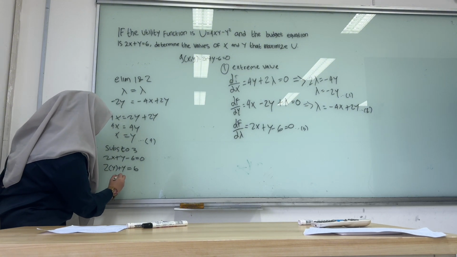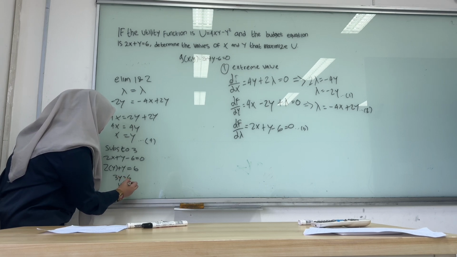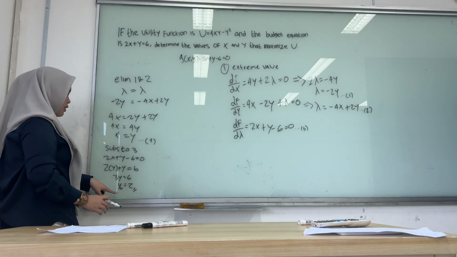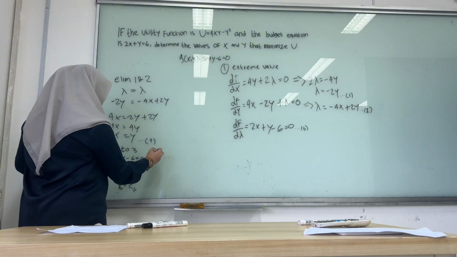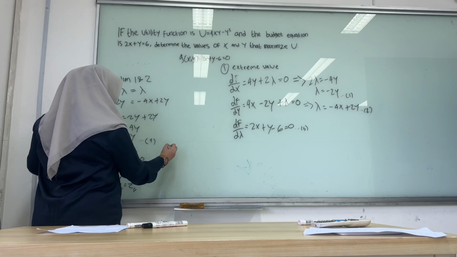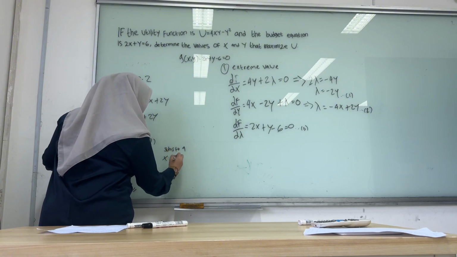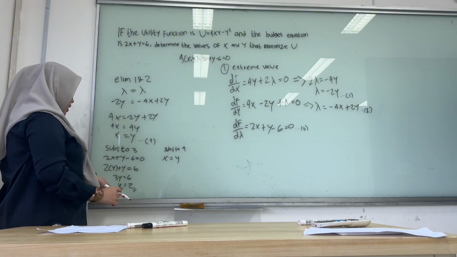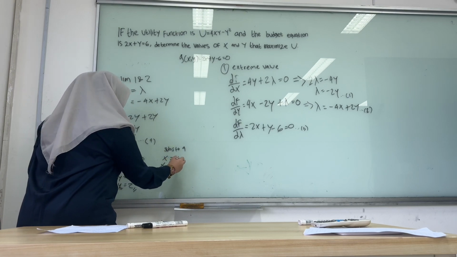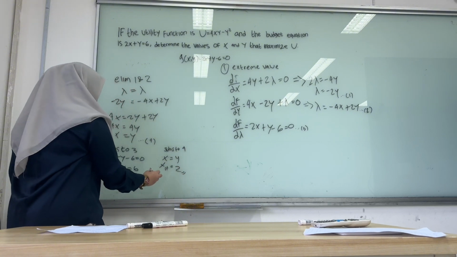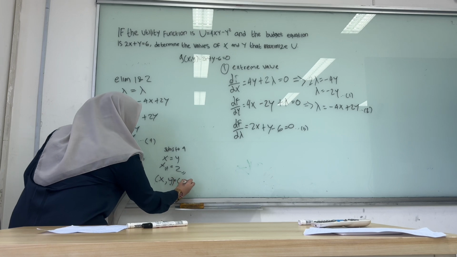So 3y equals 6. y is 2. And after we find y, we need to substitute again into the fourth equation. x equals y. y is 2, so x is 2. So (x,y) is (2,2).